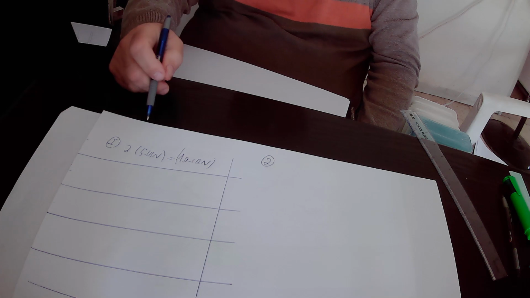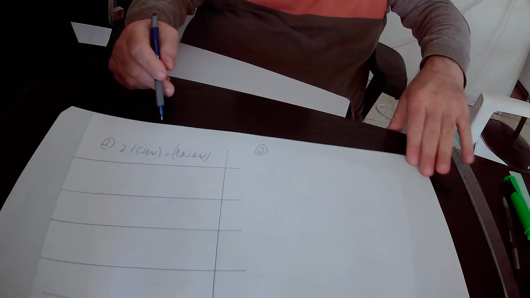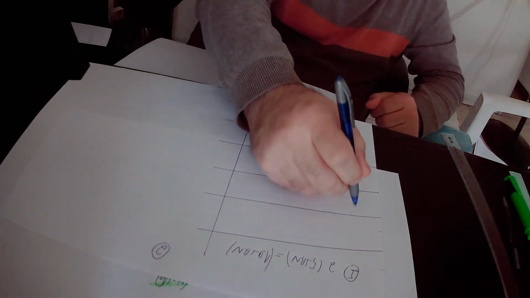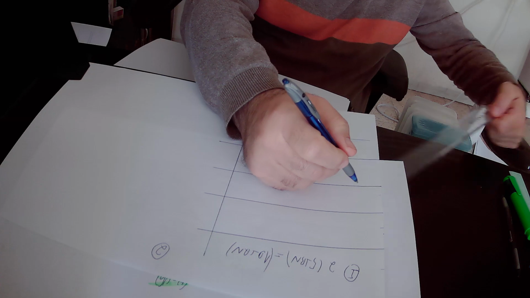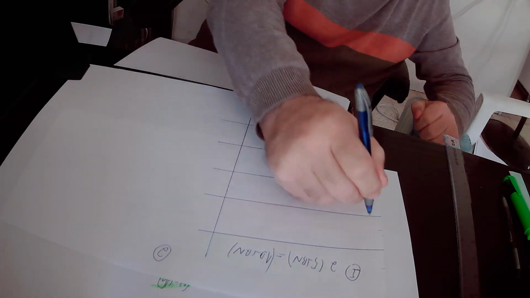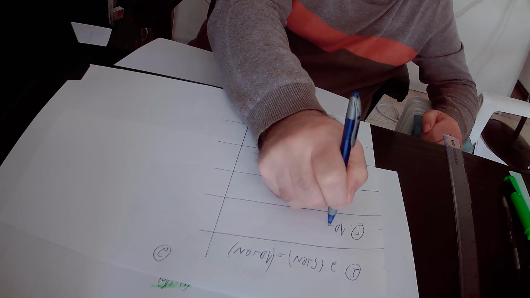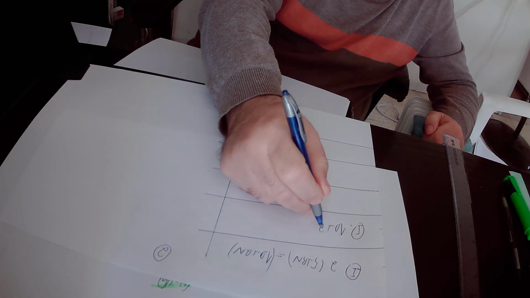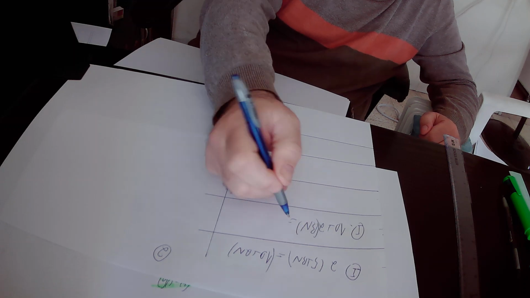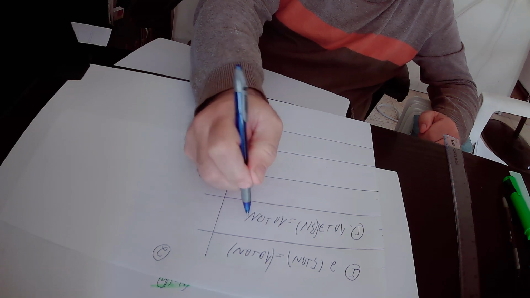Here we'll open the brackets on this side of equation number 1, and we get 2 times 5 is 10, plus 2 times BN is 2BN, that equals 10 plus QN.